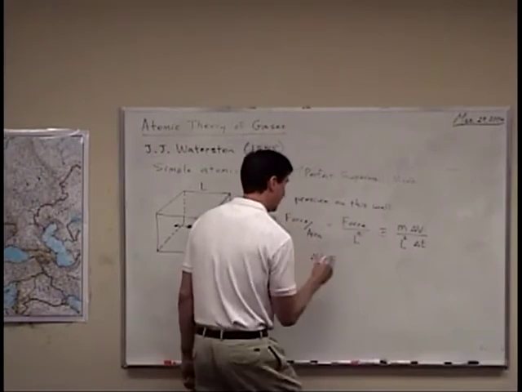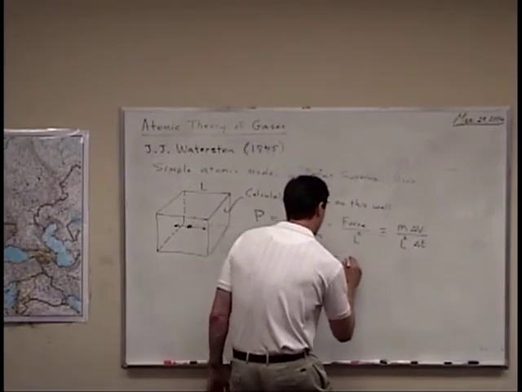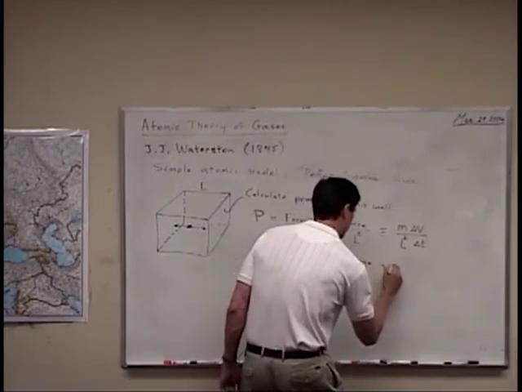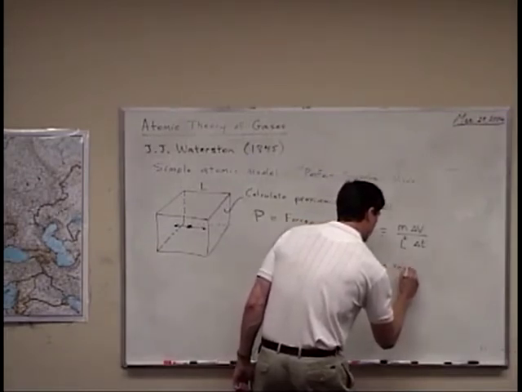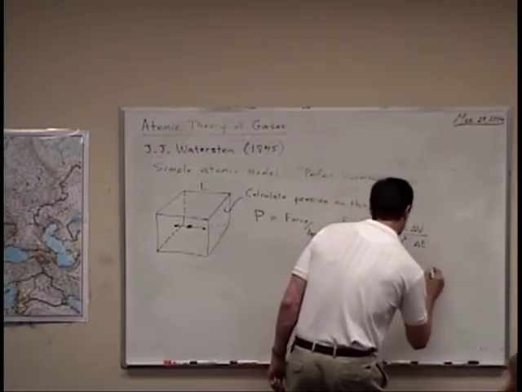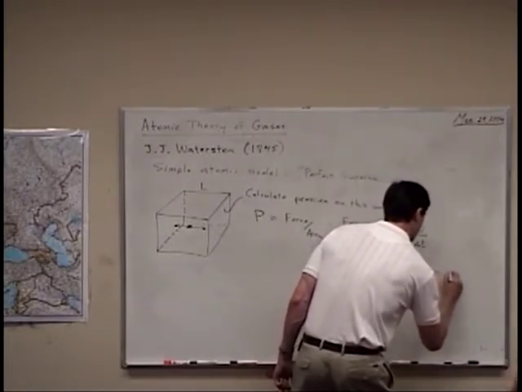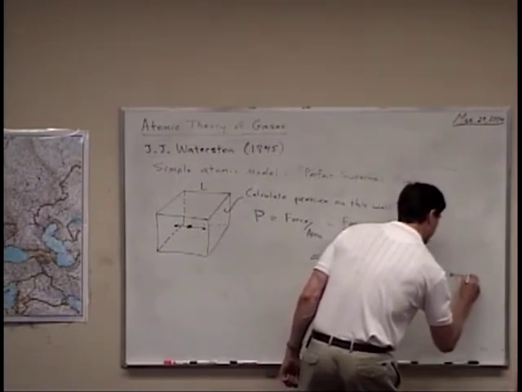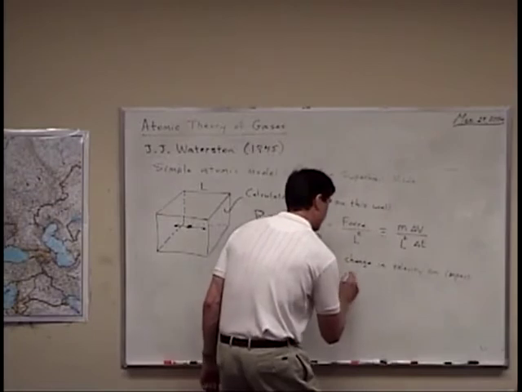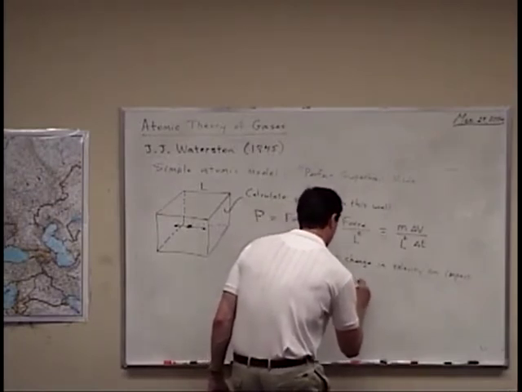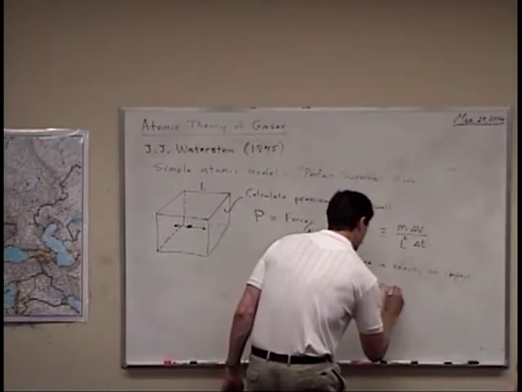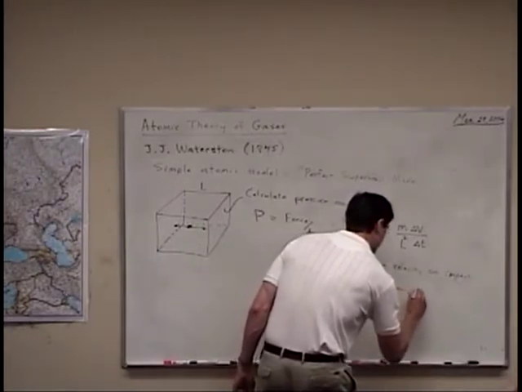is equal to the change in velocity on impact. Delta t is the time between impacts.